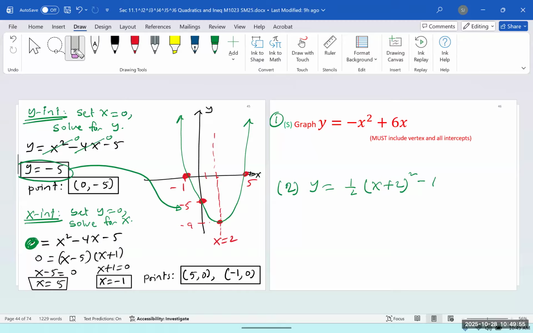Then find x intercept. Make sure to draw it higher, like a shadow.